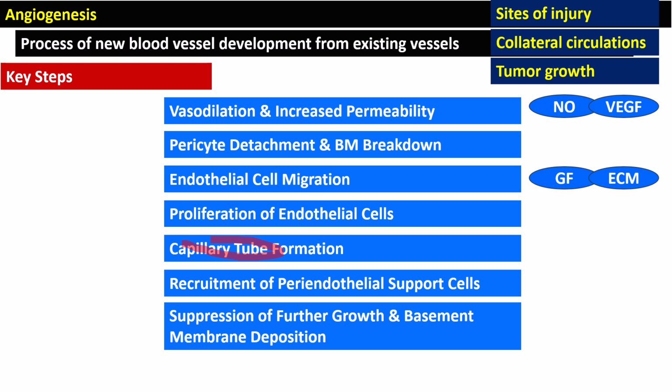Proliferation and migration of the endothelial cells now stops once the mature vessel is formed. The basement membrane is re-established for the stability of these endothelial cells, and hence the stepwise process of angiogenesis occurs.